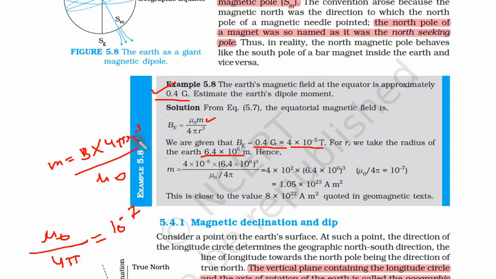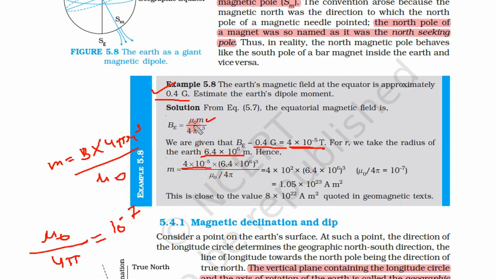So let us put all these values. What is the value of BE? It is 0.4 Gauss, that means 4 into 10 to power minus 5 Tesla. Now this mu naught upon 4 pi is 10 to power minus 7, so we will put it later.